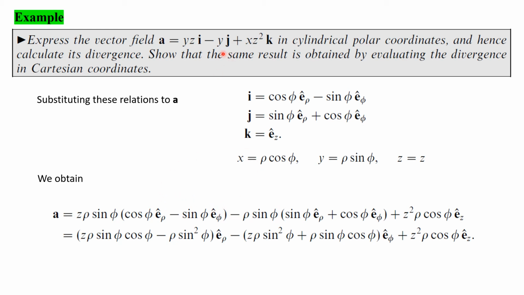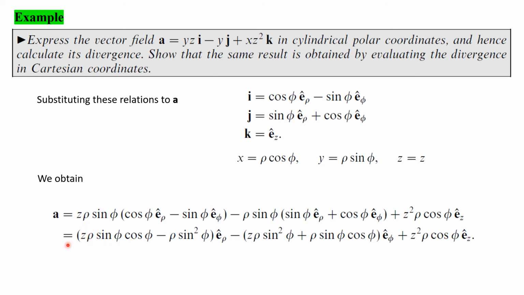And then minus y j, where y is ρ sin φ, and this is your j term, plus x z² k. So you still have the same z², but x is equal to ρ cos φ, and then you have e_z hat. Simplifying these expressions further, we get to the final form of the vector field A.